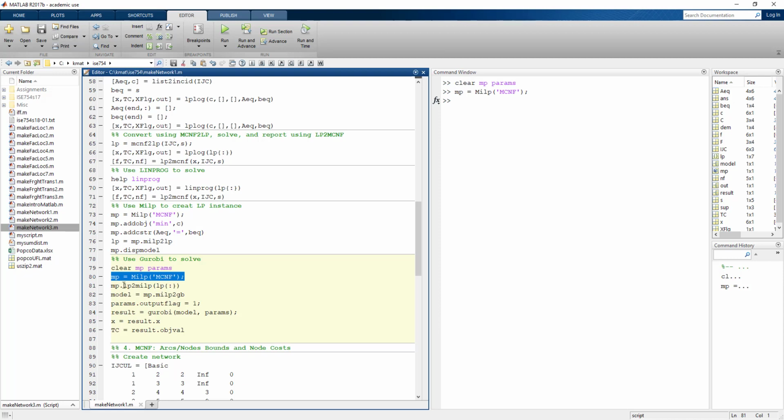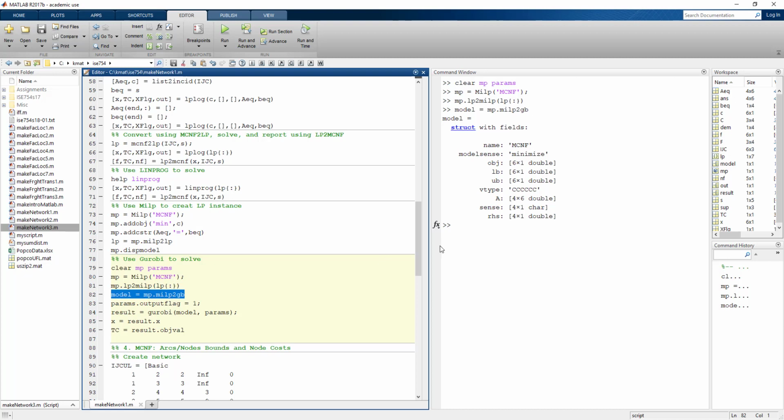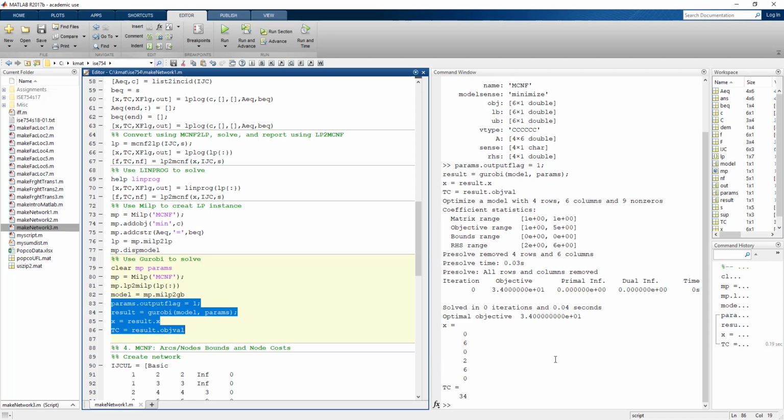And we're going to use one of the methods which converts the linear programming inputs to a mixed integer linear programming model instance. And then since we have a mixed integer linear programming model instance, we can then use another method that converts that to a Gurobi instance. And now we have the model represented as a Gurobi input, and then we can solve and get the same result where our total cost is 34.